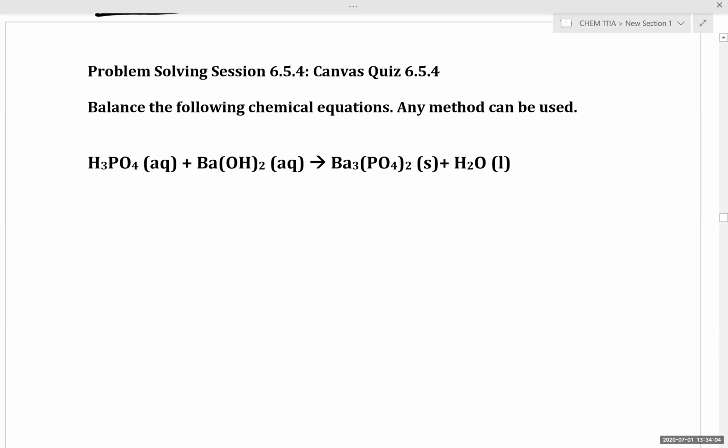And again, don't hesitate to submit your proposed responses via the Canvas chat or ask any questions verbally or via the Canvas chat. And when we discuss, I'll show you a nice trick for balancing these sorts of problems. These specific reactions are known as acid-base reactions.